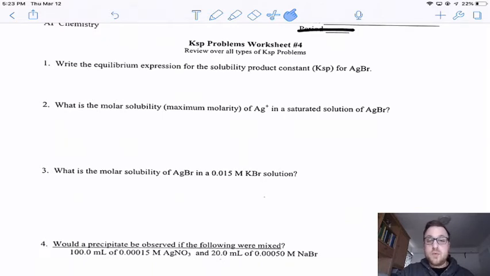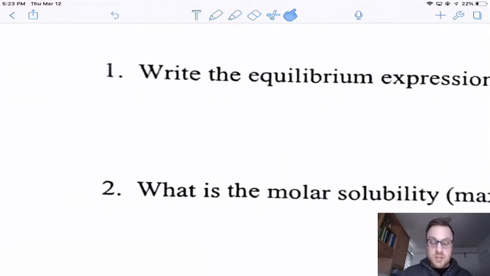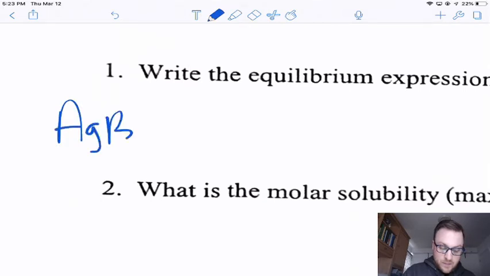Anyway, why don't we just dive right into this? So, the first problem says write the equilibrium expression for the solubility product constant, which is KSP, for AgBr. So, the equation for when you dissolve AgBr in water, we have solid AgBr.